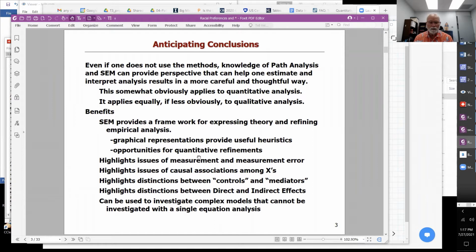If you begin thinking about your problem from the point of view of structural equation modeling perspectives, you'll have to think explicitly about measurement, and you'll have to make explicit the assumptions that you're making about the measurement error in your observations, and so the scores: in quantitative analysis, the numerical values that you attach to variables on a given case.